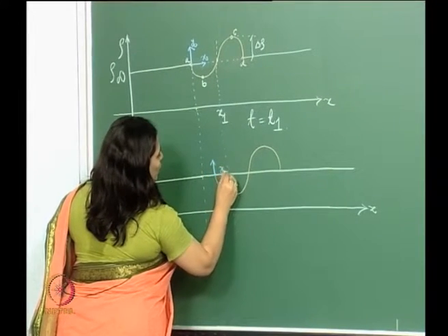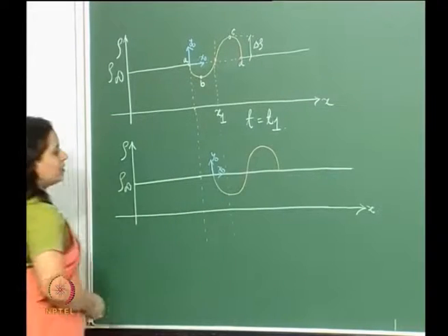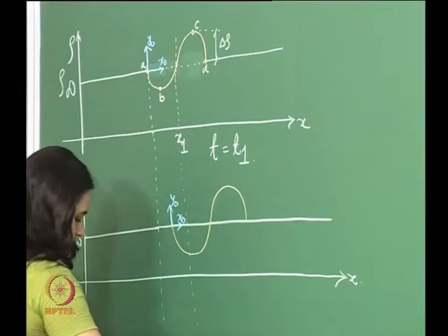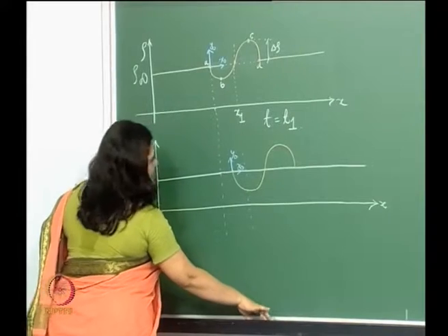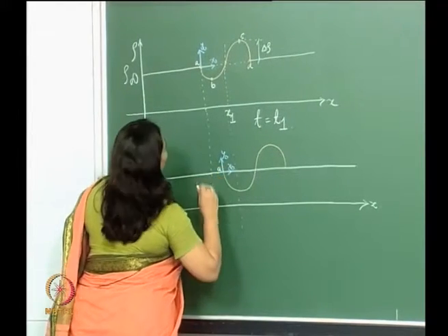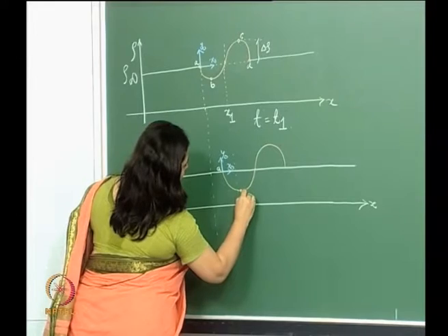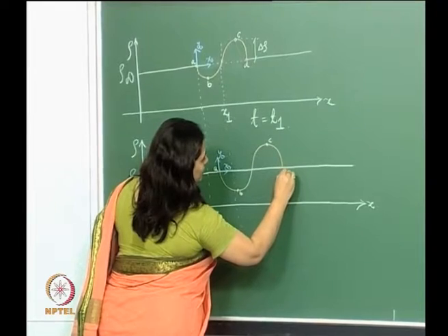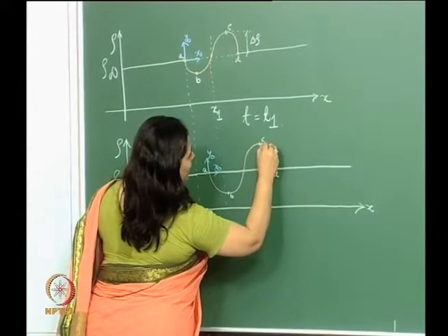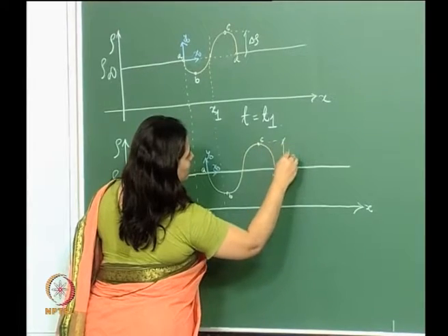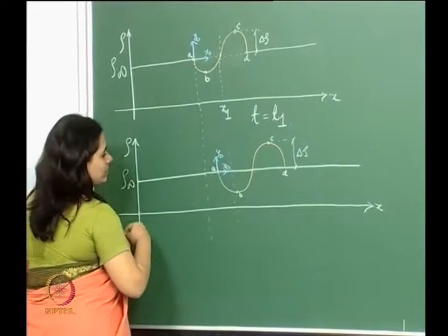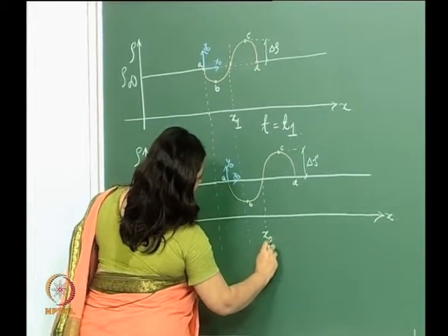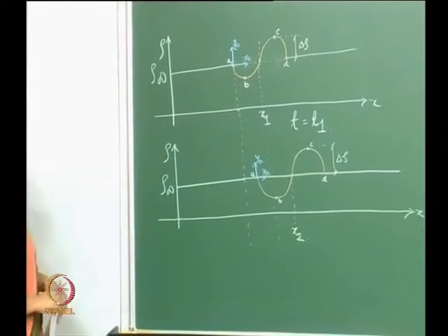Therefore, you can say this is the wave fixed axis system. It is exactly the same and it moves from here to here. So, again, say this is A, this is B, this is D, and again this is C. And now this is x2.